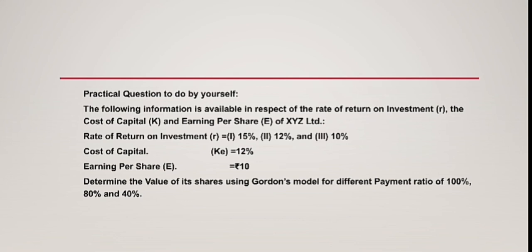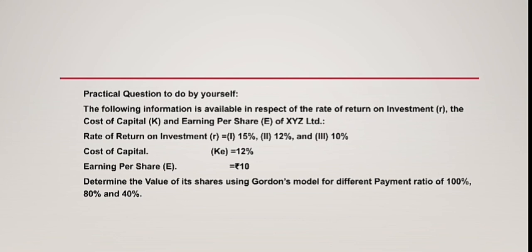First of all, you calculate the value according to 100% dividend payout ratio, then for the second category according to 80% dividend payout ratio, and thirdly according to 40% dividend payout ratio.